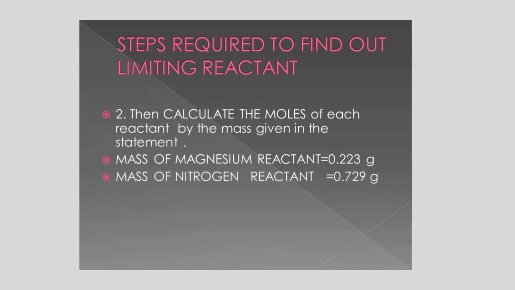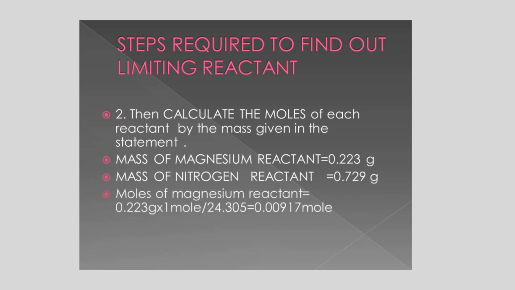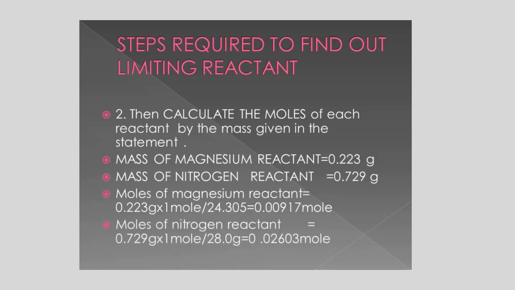The mass of nitrogen reactant is 0.729 grams in the above statement. Find the moles by dividing by the molar mass of the substance. Now here we find 0.0917 mole of magnesium reactant. The same way, 0.02603 moles of nitrogen reactant.